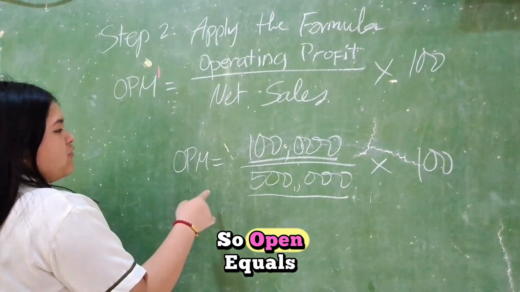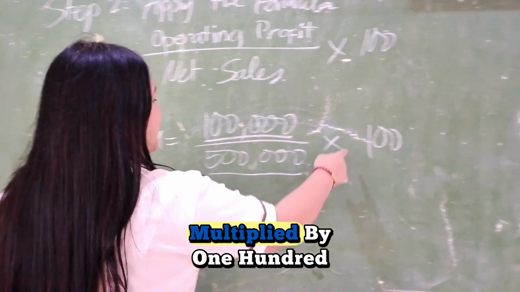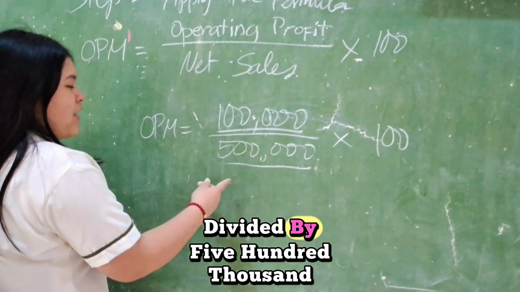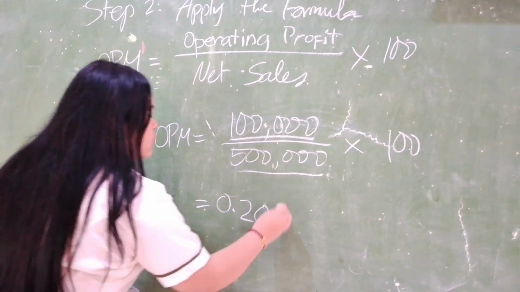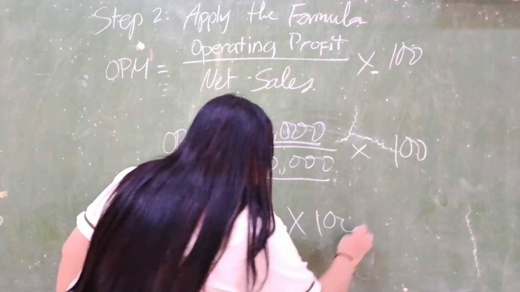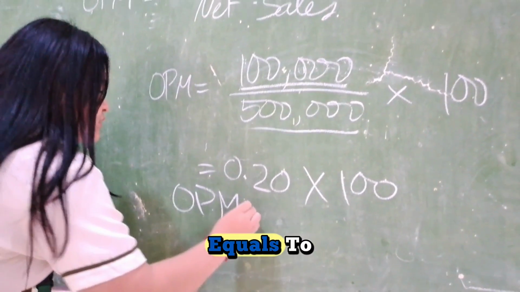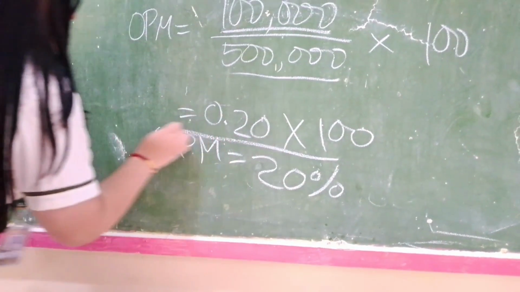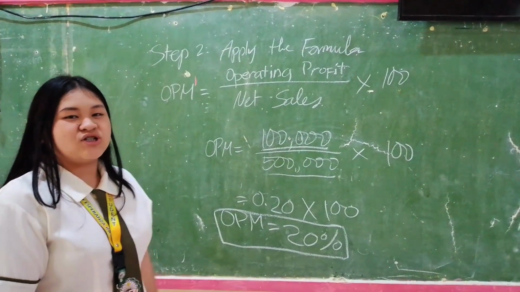So OPM equals 100,000 over 500,000 multiplied by 100. 100,000 divided by 500,000 is equal to 0.20 multiplied by 100. So our OPM is equal to 20%. This is the end of the operating profit margin.